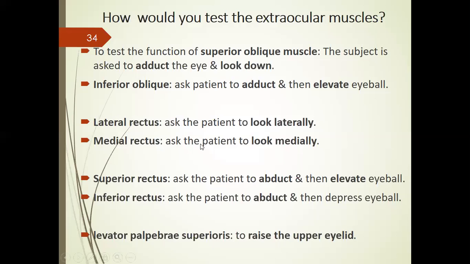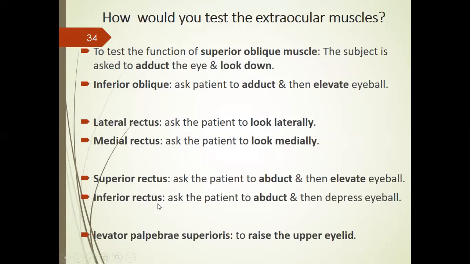For the medial rectus, ask the patient to look medially. For the superior rectus, as it elevates and abducts the eyeball, the patient is asked to abduct and then elevate the eyeball. The action of the inferior rectus is abduction and depression of the eyeball.